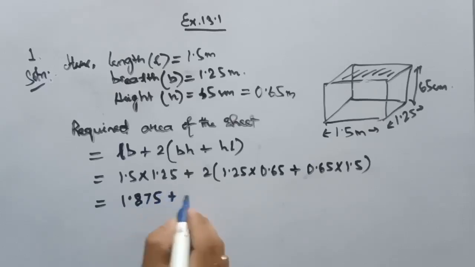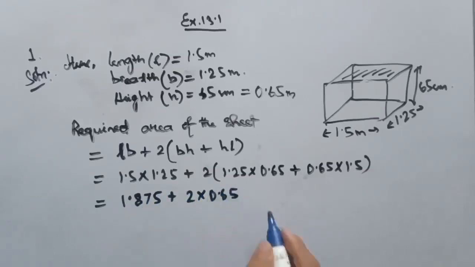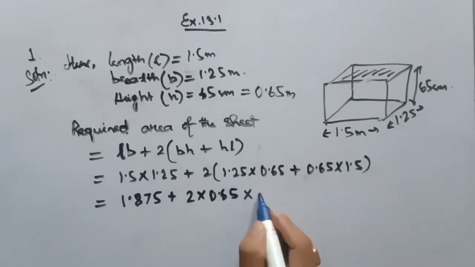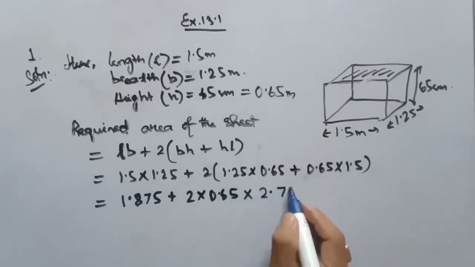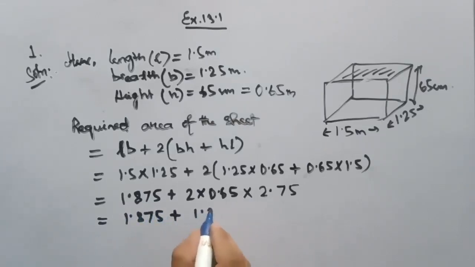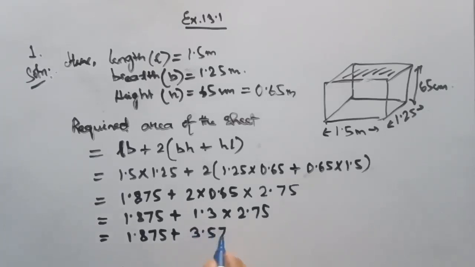1.875 plus 2 times, let me take out this 0.65 as common and add this 1.25 with 1.5, and this will be equal to 2.75. This is equal to 1.875 plus 2 into 0.65 is 1.3 into 2.75, which is equal to 1.875 plus 1.3 into 2.75 is equal to 3.575.